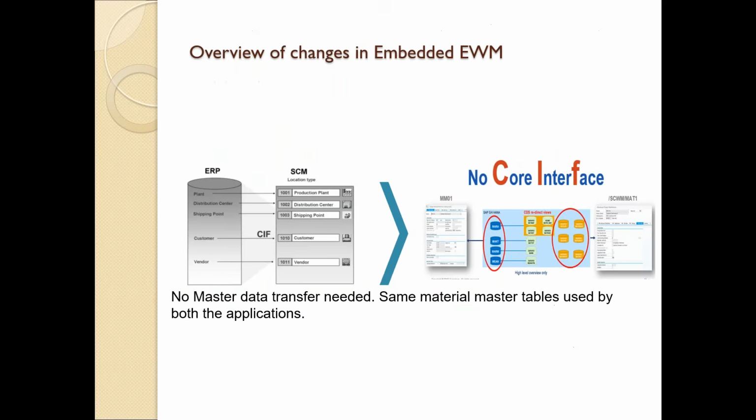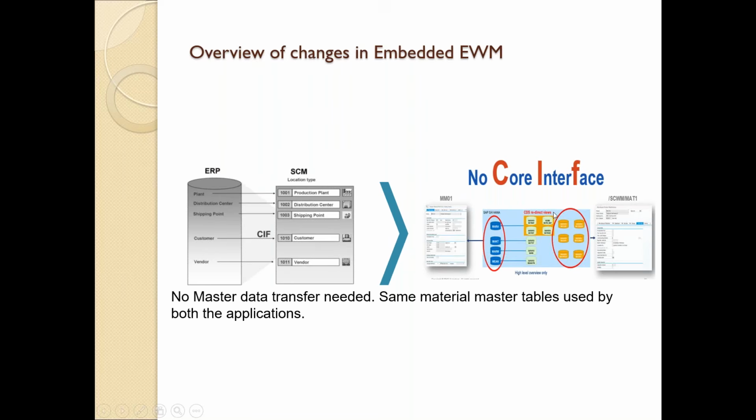Okay. So this is what I was trying to give you, the master data overview, guys. Because we were having the decentralized versions earlier, we used to transfer each and every master data, like I said, your plant or your shipping points, your customers and your vendors or your distribution centers or whatever it is, to the EWM system and create it there. But now this particular data that we have in the embedded systems is not required.